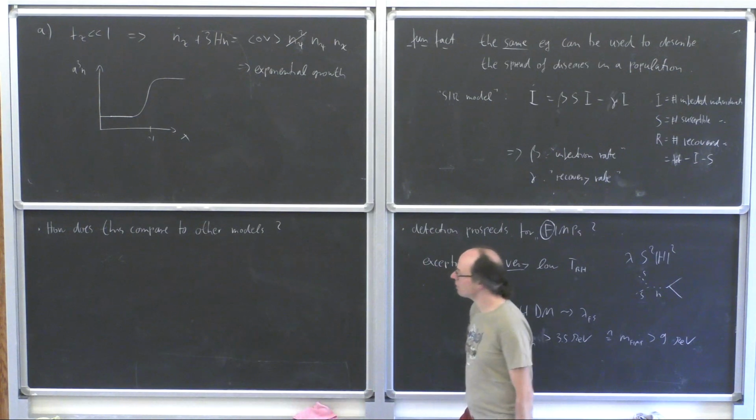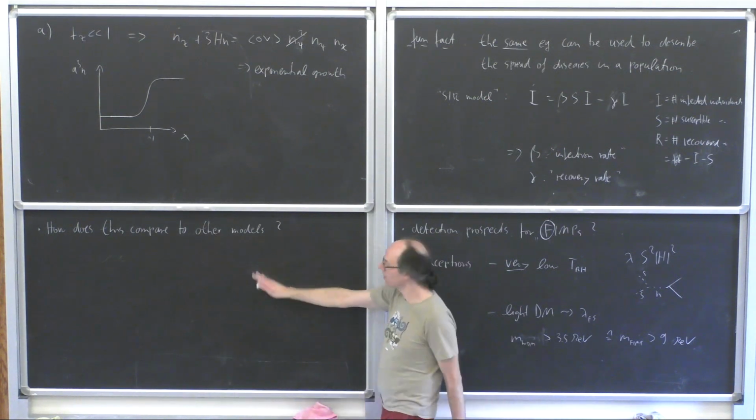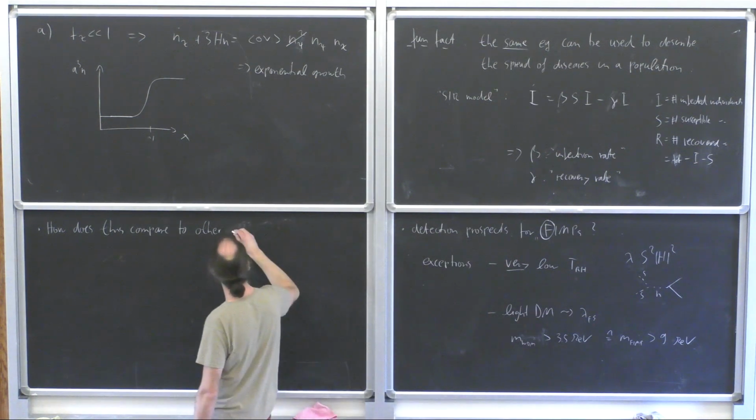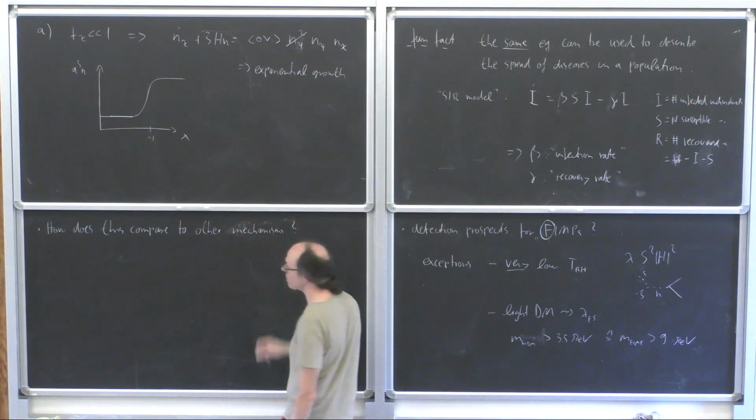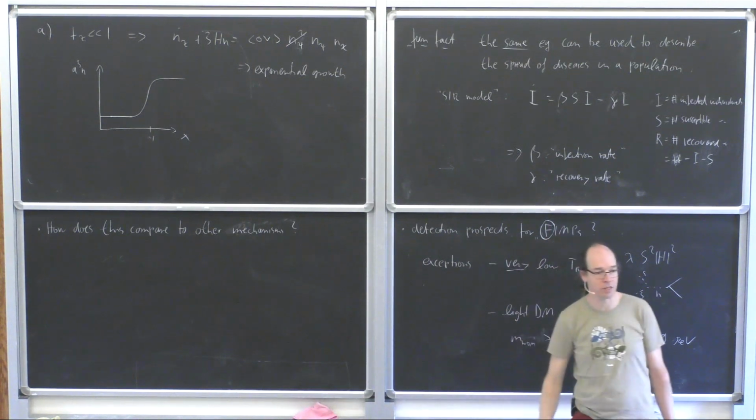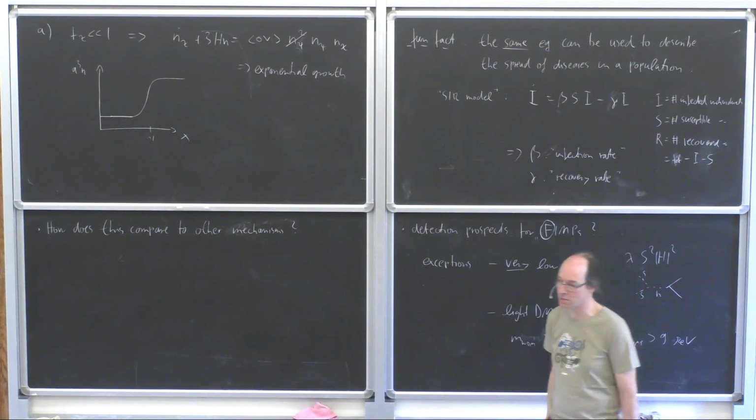So by this I really mean more like mechanisms. Maybe I should even write mechanisms rather than concrete models. So how does this compare to the freeze-in and freeze-out production that we've discussed so far?